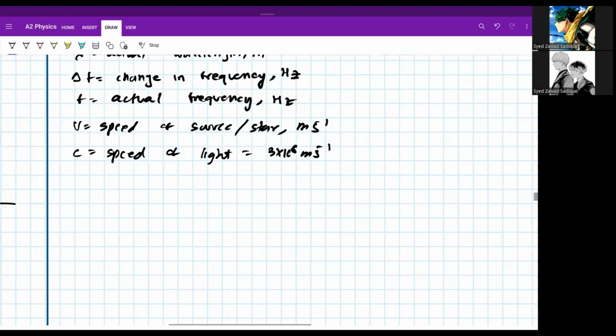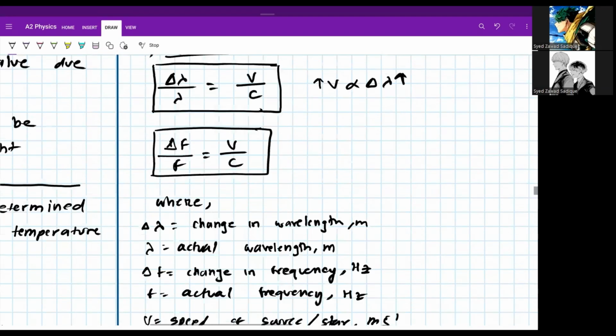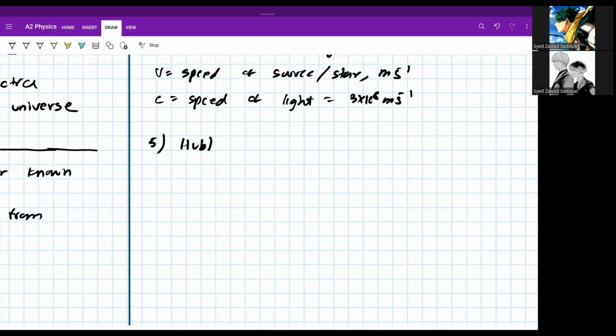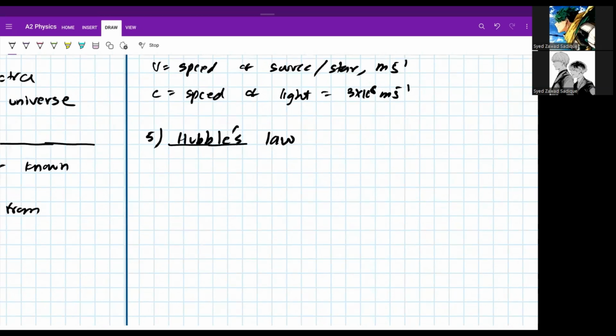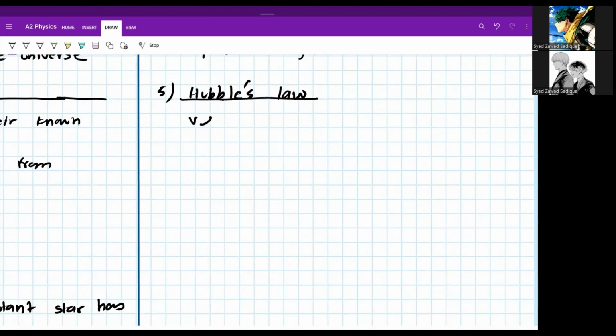Finally, our fifth concept is Hubble's law. Hubble's law states that V is proportional to D, where V is the speed of recession from an observer and D is the distance of the galaxy from the observer.